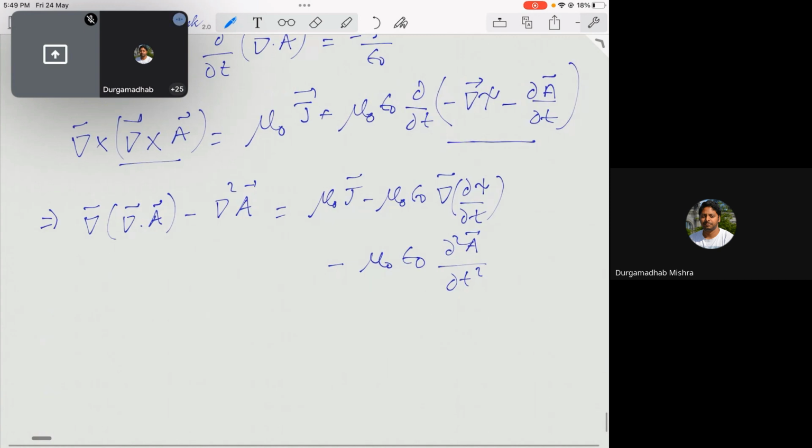Okay, and we do a little bit of rearrangement of everything, and take these to the left hand side.